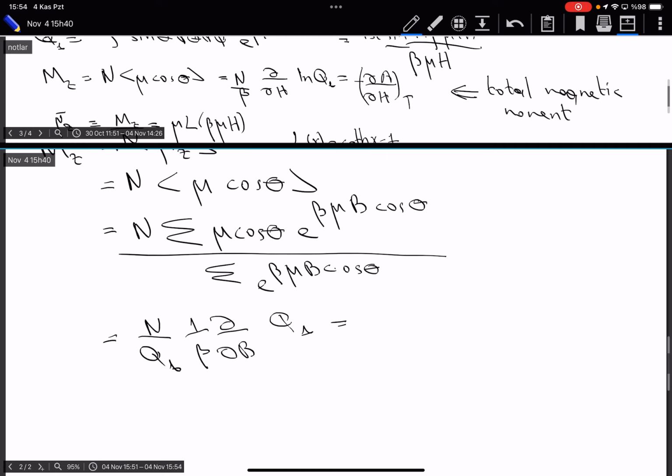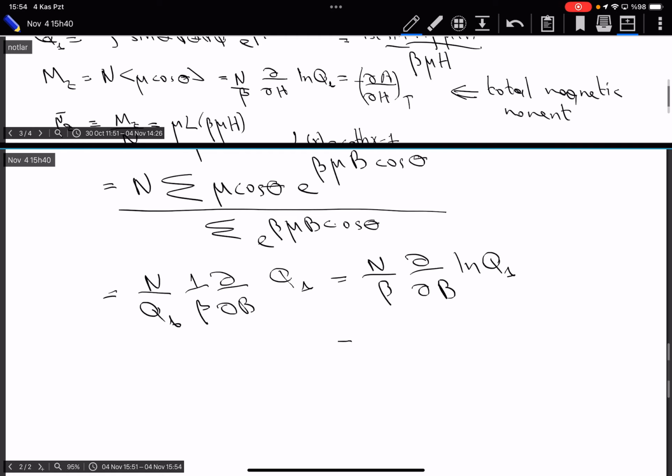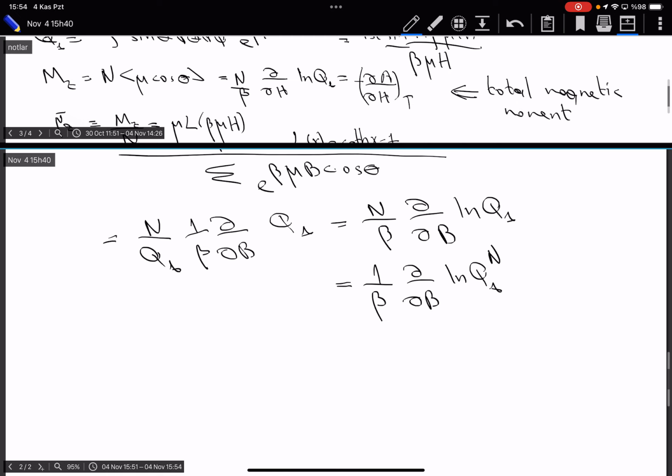Or this we can write as N over beta, the derivative with respect to B of the logarithm of Q1, or N over beta, the derivative with respect to B of the logarithm of Q1 to the power N. Well, Q1 to the power N is the n particle partition function. So this is 1 over beta, the derivative with respect to B. Well, the logarithm of the partition function just gave us minus beta times the free energy.